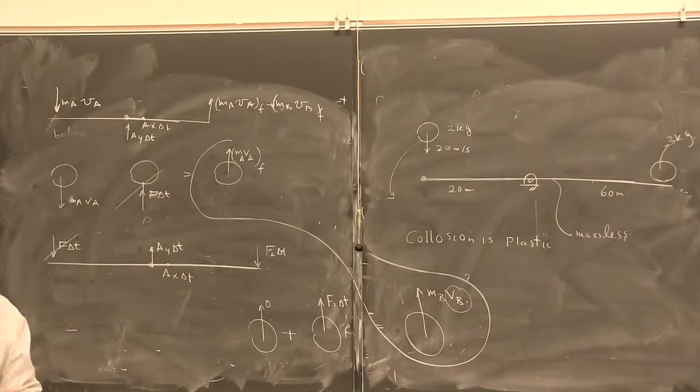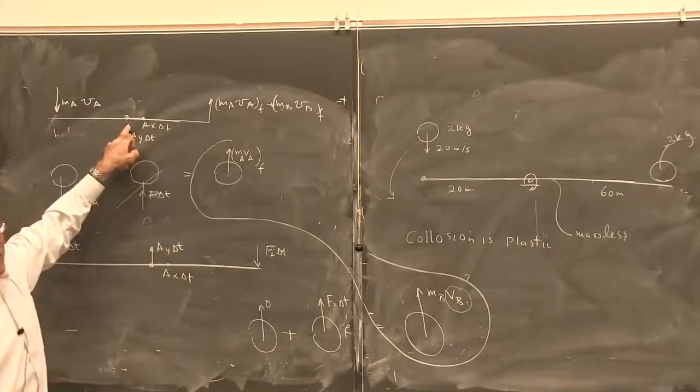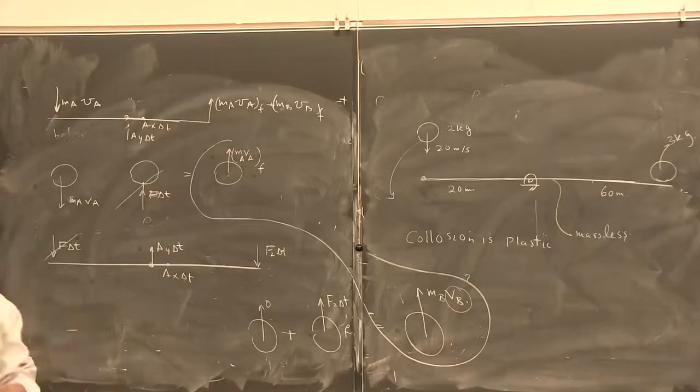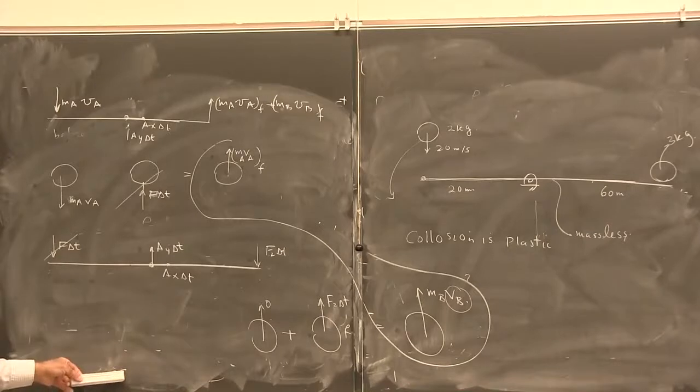In this case, it becomes conservation of angular momentum, rather than linear momentum. You are multiplying this one by this distance, and this one by this distance. That becomes conservation of angular momentum, not linear momentum.